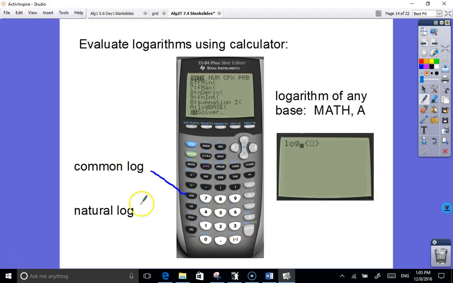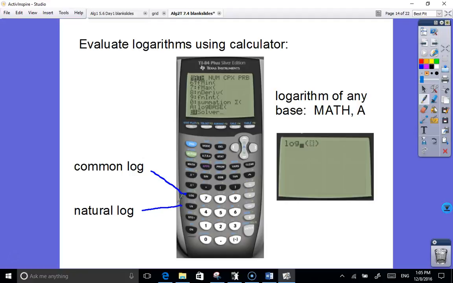The LN button underneath it, that's the natural log button. And if you want to do a logarithm of any other base, in fact, this is relatively new, within the last few years, that function is now in the calculator. We used to do change of base formulas, but now it's actually in the calculator.